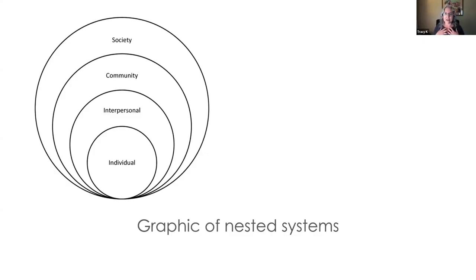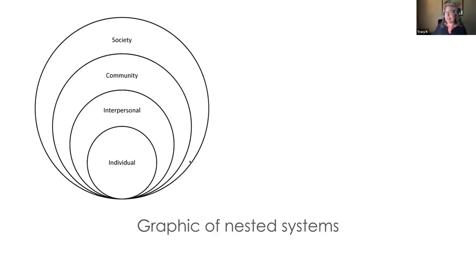So we are systems: the individuals, ourselves, our groupings, our families, our communities. We talk about economic systems, all the way up to the societal level. And so what I'm exploring is that governance practices are different at each of these system levels.